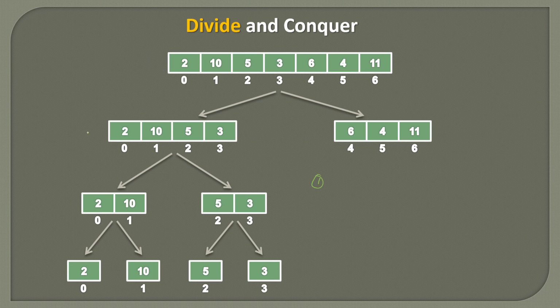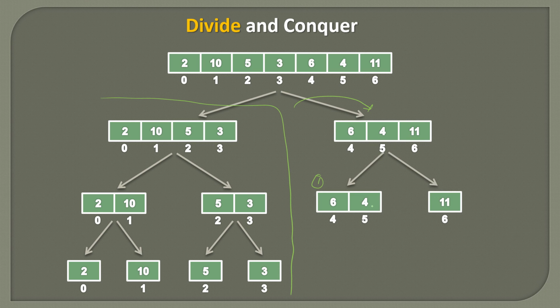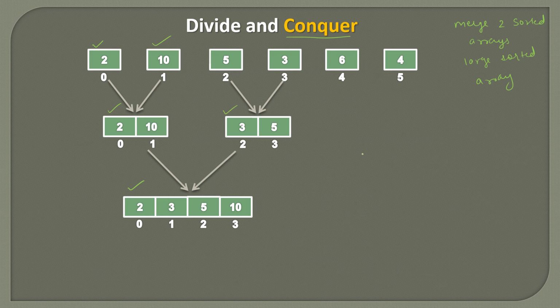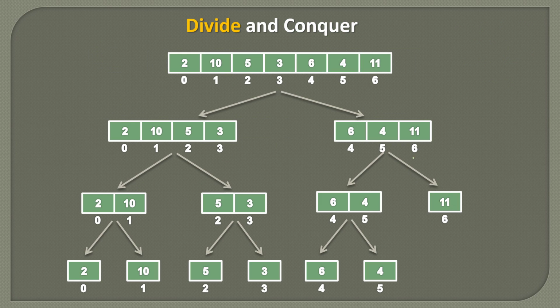And after doing this part completely, it then goes recursively to this part. It breaks 6, 4, 11 into two parts: 6 and 4 on one side and 11 on the other side. It recursively sees that it can break this down further. It breaks 6 and 4 like this. It merges them and it becomes 4 and 6. And then it goes to this side.